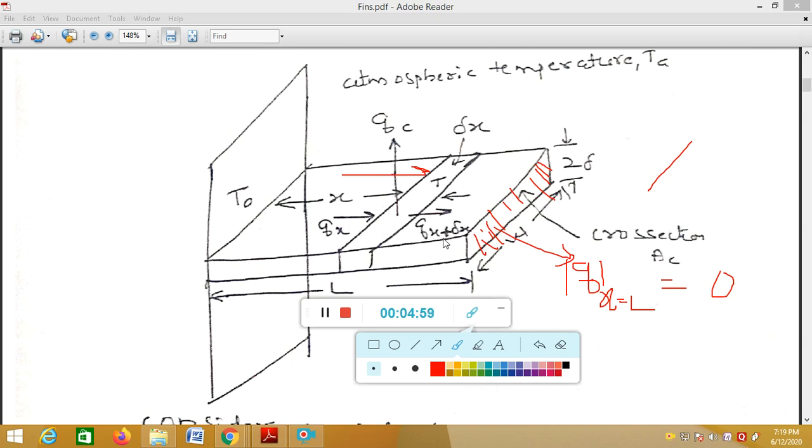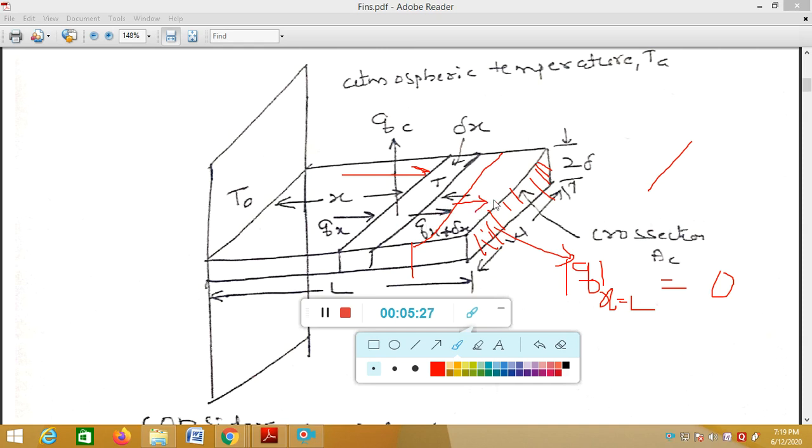Definitely Qx plus delta x is less than Qx. Similarly, for an adjacent small section, the heat entering this adjacent strip is Qx plus delta x, and the heat leaving it will be less than Qx plus delta x.